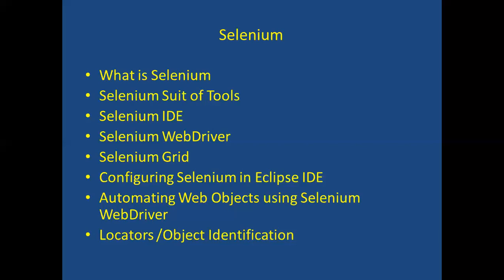So when we see a web application, maybe Flipkart or maybe Facebook, we'll see a lot of objects on that particular application. Like we have input boxes and links, buttons, radio buttons, check boxes, drop downs, alerts, pop-ups, windows, frames. Like that we have many objects on a web page.